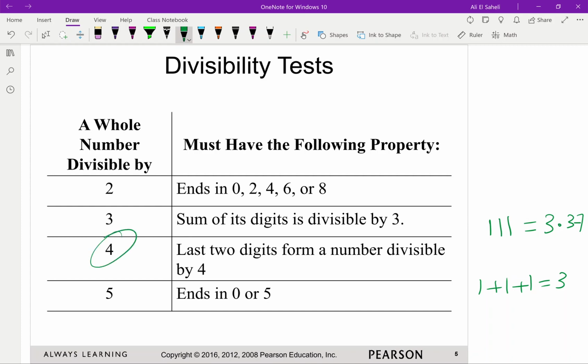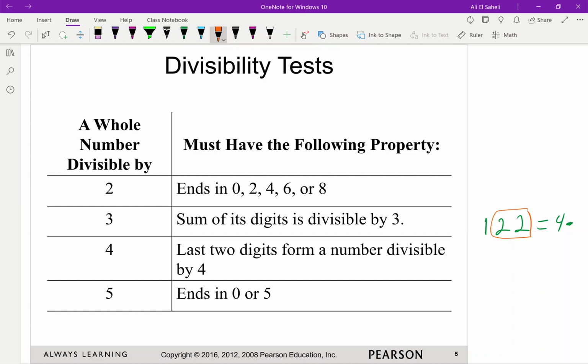A whole number is divisible by 4 if the last 2 digits form a number divisible by 4. For 122, oh, sorry, not 122. The last two digits must be divisible by 4. For instance, 124.